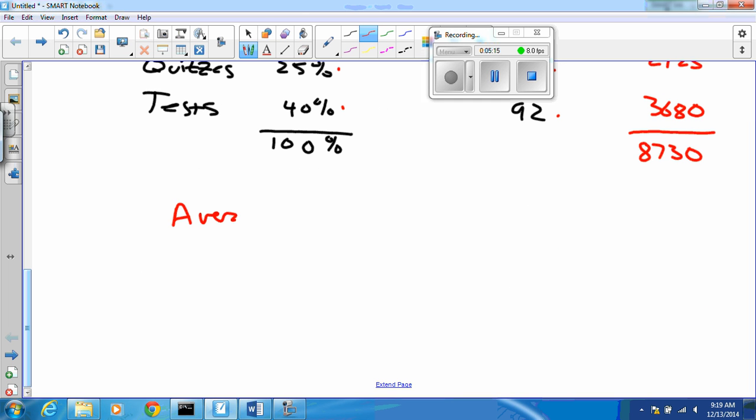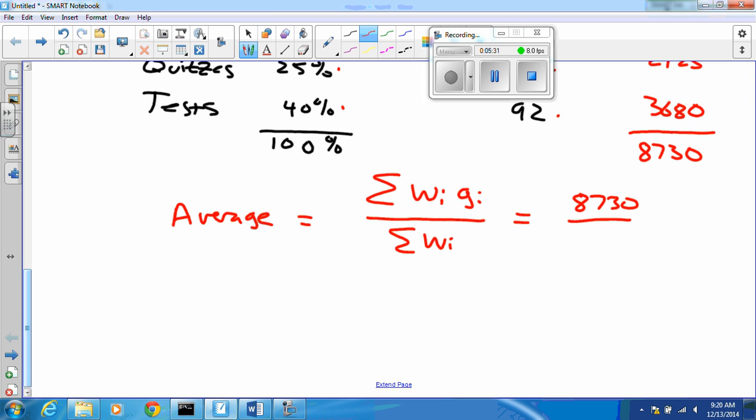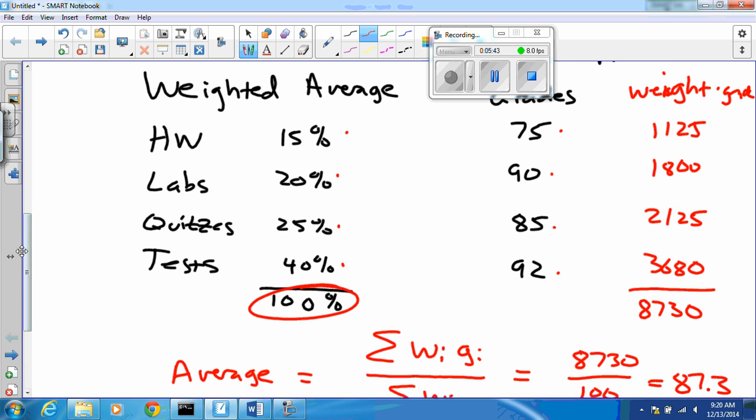Now your average is going to be the sum of weight times grade, which we just computed, divided by the total amount of the weights, which is the 100% that we had right here. So 8730 divided by 100 gives this person an 87.3 weighted average.